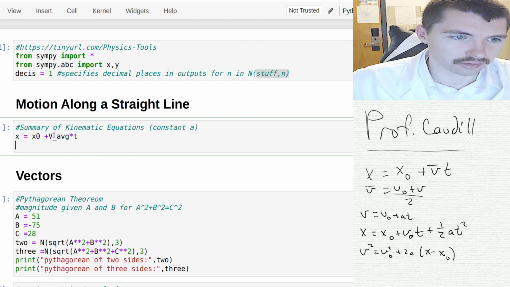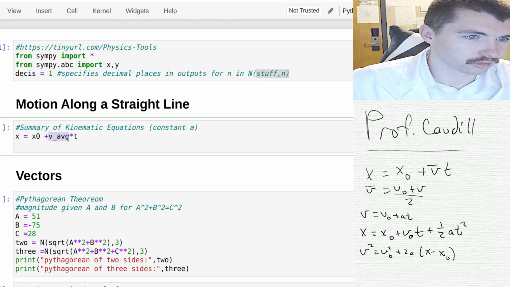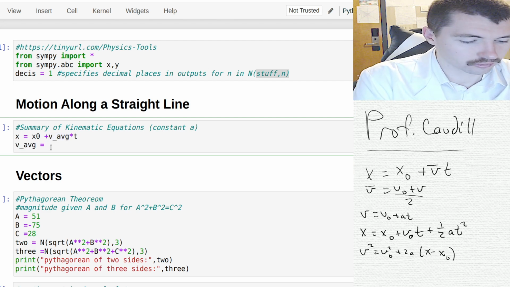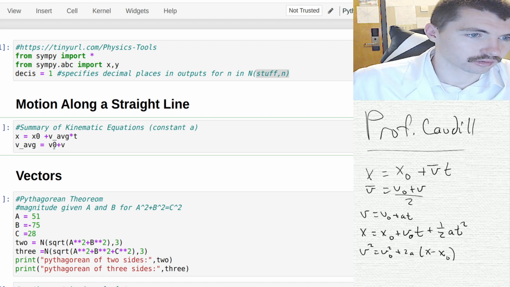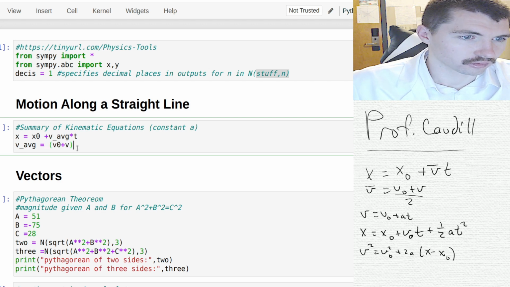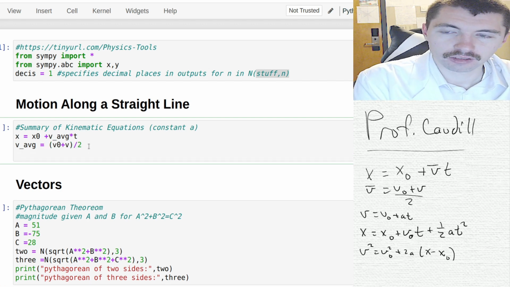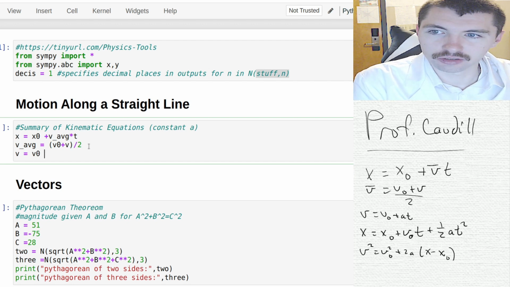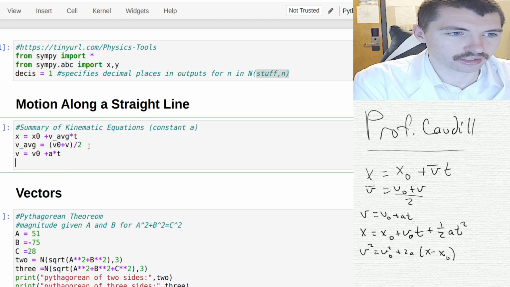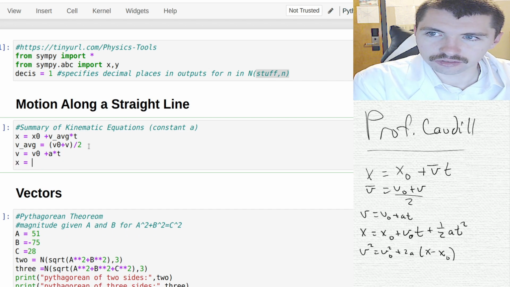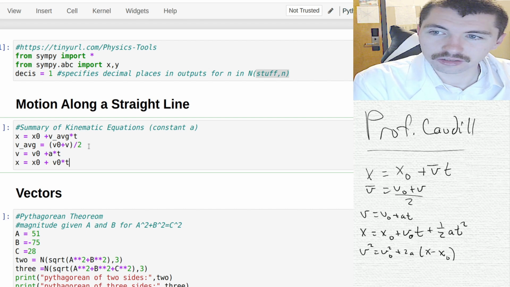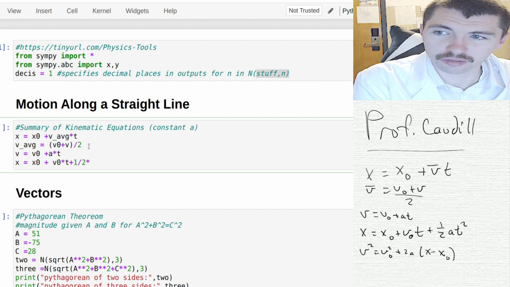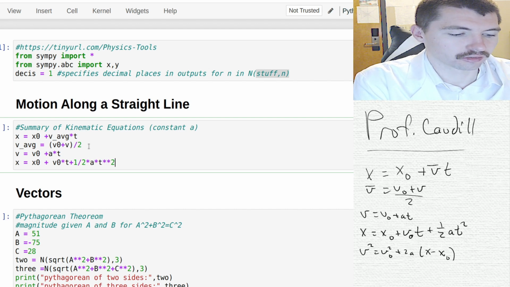We have v average equals v0 plus v over 2. We have v equals v0 plus a times t. x is x0 plus v0 times t plus 1/2 times a times t squared.